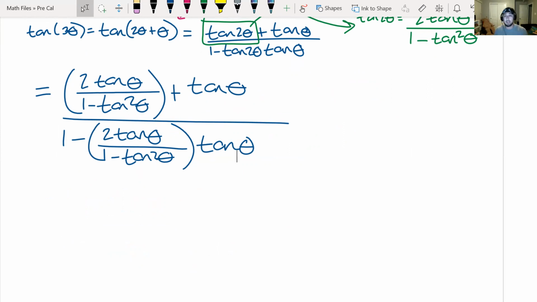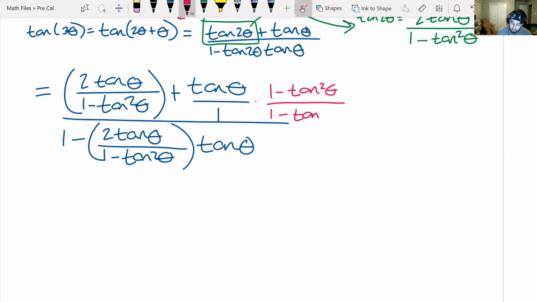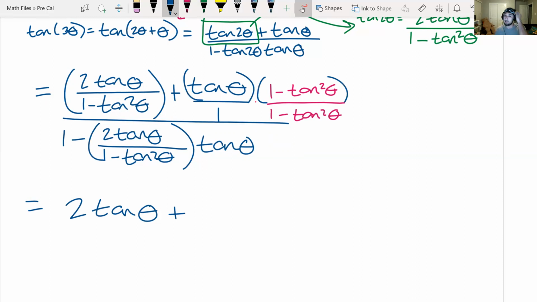To combine the numerator, we're going to need a common denominator, which means I put tangent theta over 1 and multiply by that denominator you see there, 1 minus tangent squared theta over 1 minus tangent squared theta. This ends up becoming 2 tangent theta plus, and what I'm going to do here is distribute this tangent with that 1 minus tangent squared theta.